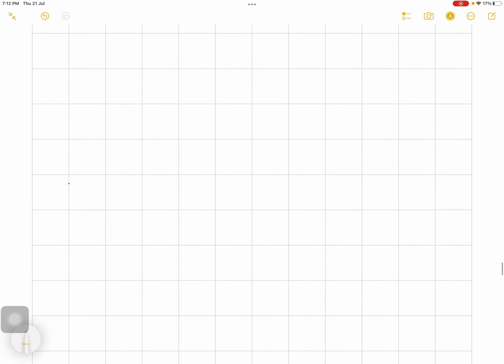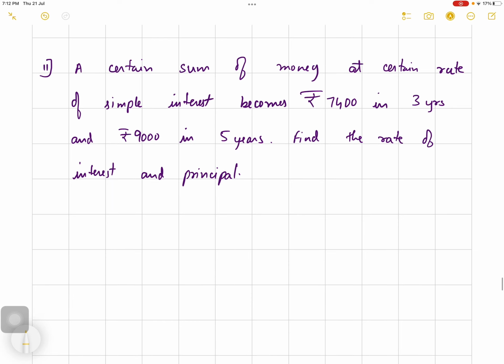Let's see the next question. Question number 11. A certain sum of money at a certain rate of simple interest becomes rupees 7,400 in 3 years, and 9,000 in 5 years. Find the rate of interest and the principal.